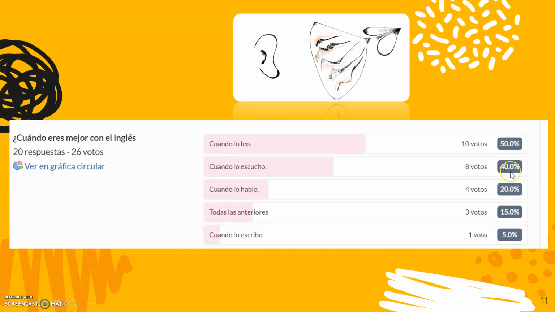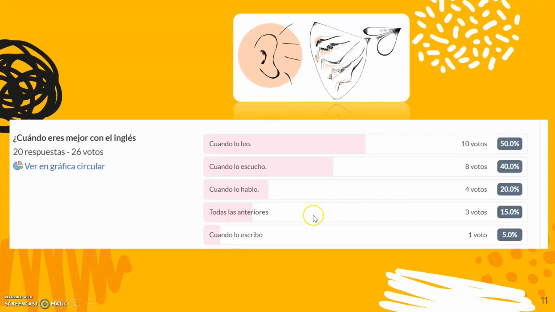That's not surprising for me. And cuando lo hablo, when I speak, had 20% of the votes. That was pretty interesting also, because speaking for me is the hardest one. And when I write had 5%, the least of them.